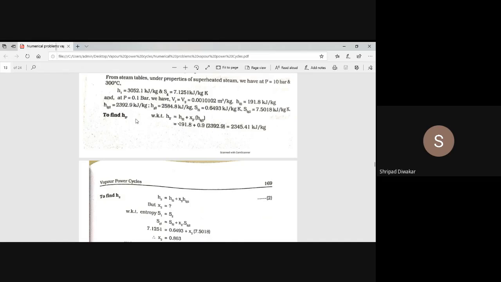And at condenser pressure 0.1 bar, we have V1. V is nothing but your specific volume.